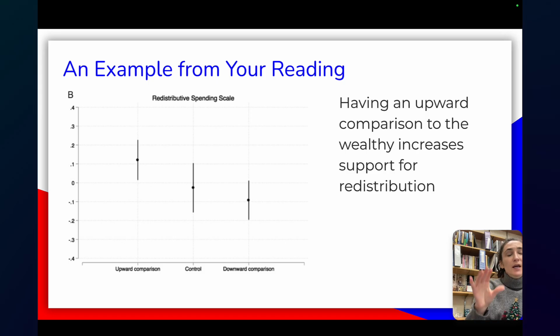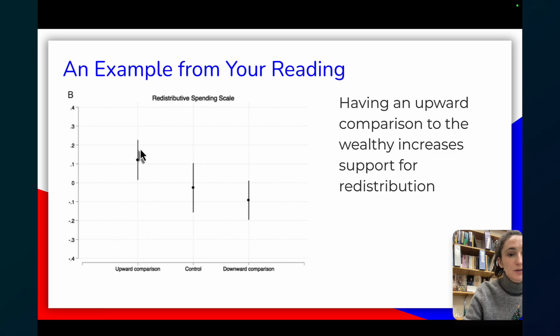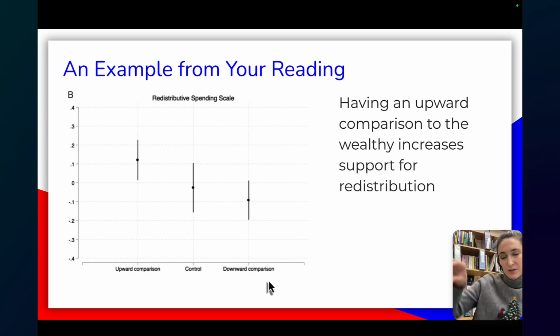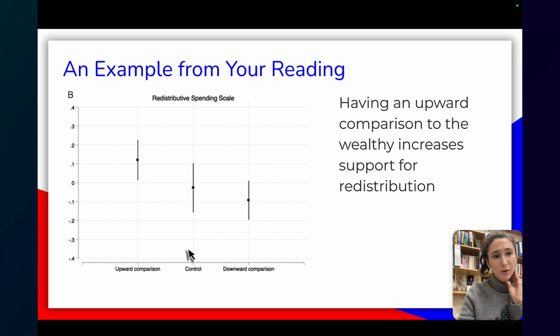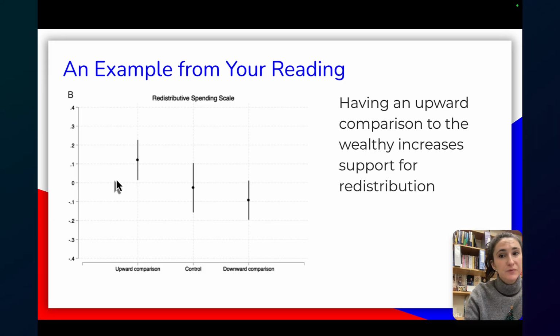So what they find is that if you look here, the upward comparison is here, the control where they're not asked to look up or down the ladder, and then a downward comparison where they're asked to look down the ladder. That was the first treatment. When people were asked to do the upward comparison to the wealthy, right?